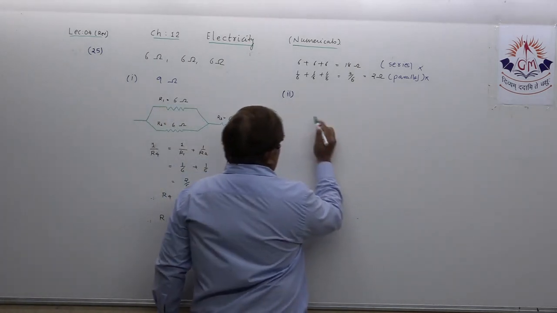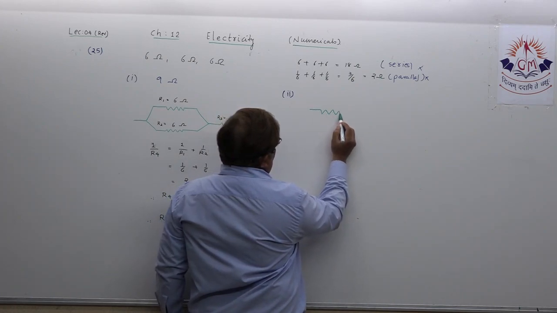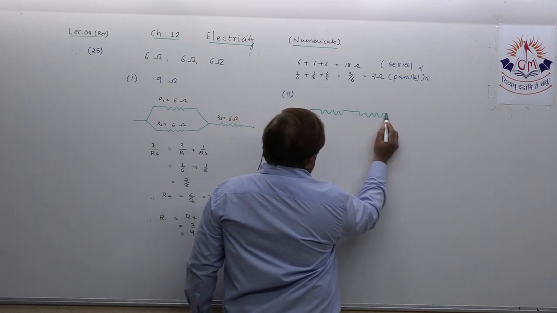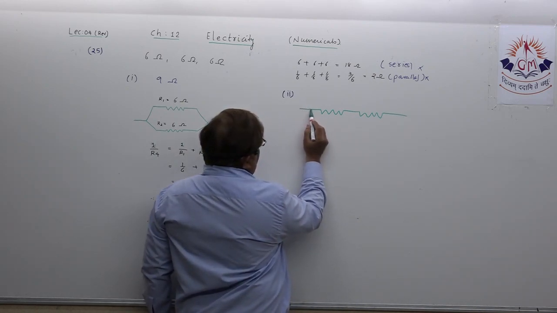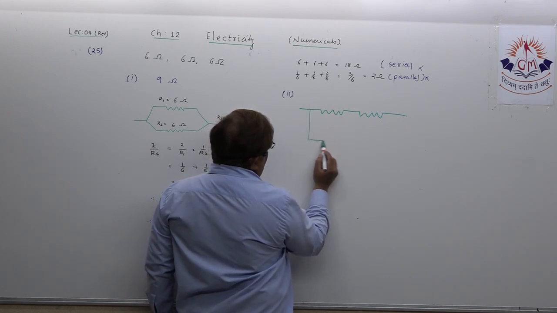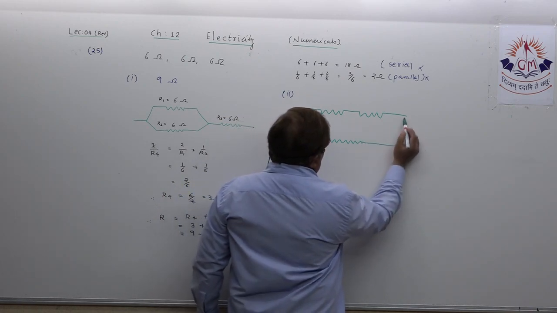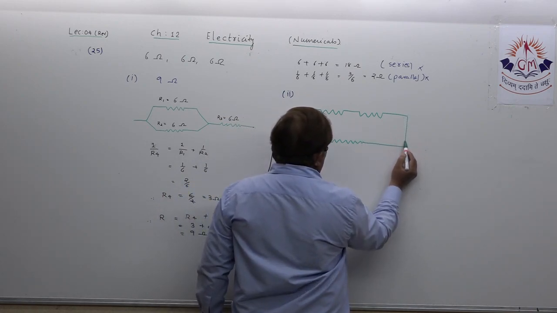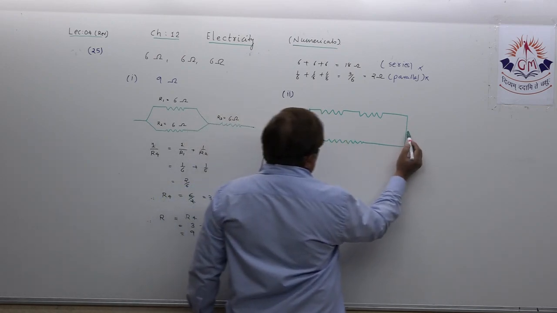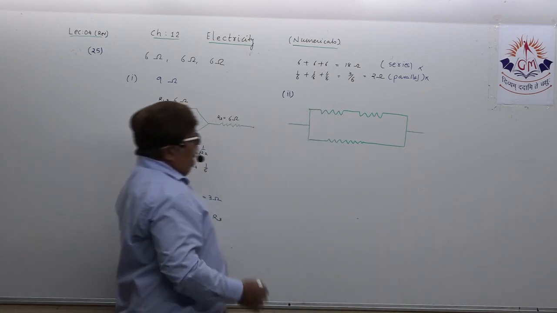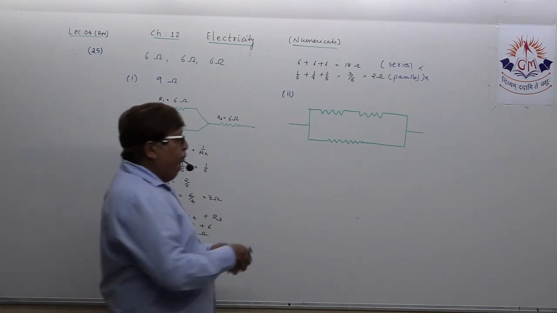Yes, you can draw this way also: 1, 2, and then let me join it with another resistor. You understood this type of combination. Now we are thinking of this combination, 2 in series and 1 in parallel.